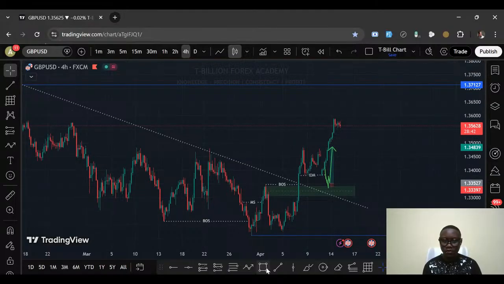We got a break of structure right here. We got a break of structure right here.